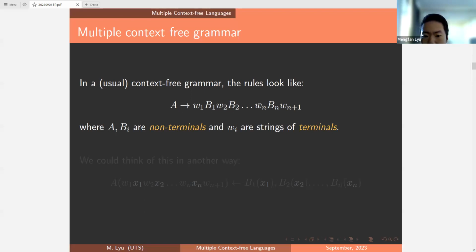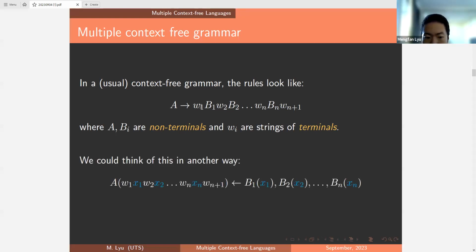We can regard A as a function, the non-terminal words as functions, and we can regard the terminal words as values. And then we can translate this rule into here.